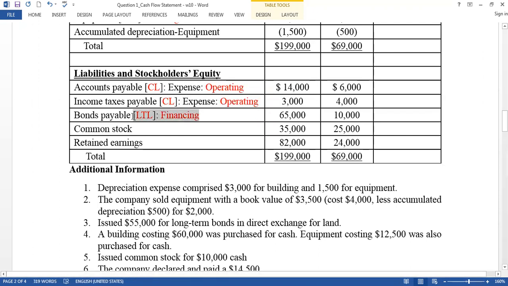Then common stock. Common stock is an equity account, and it is related with financing. And retained earnings. Retained earnings is also related with equity and financing.